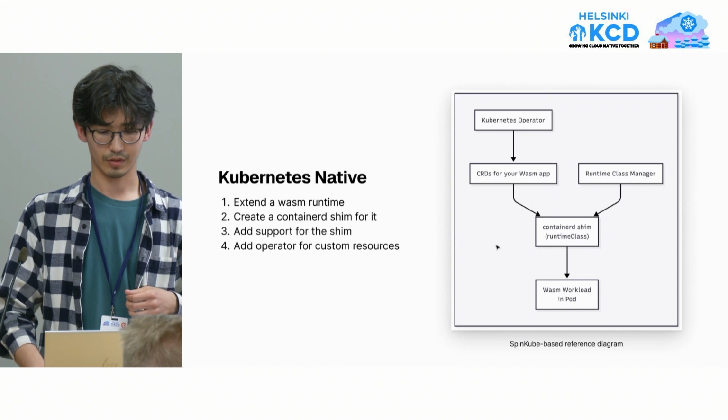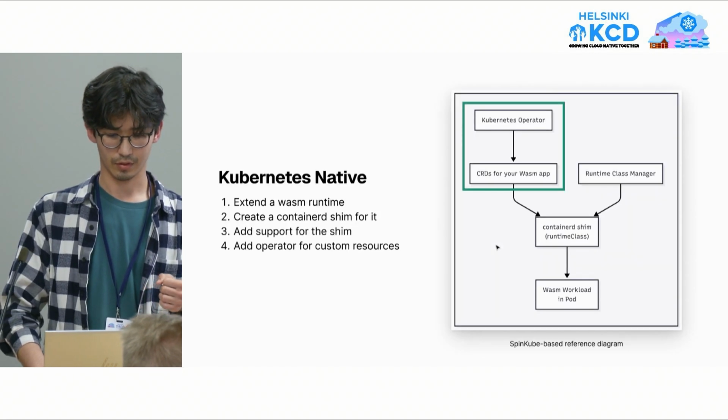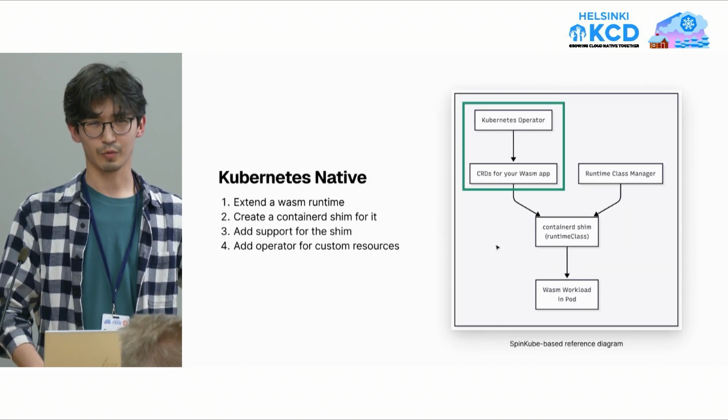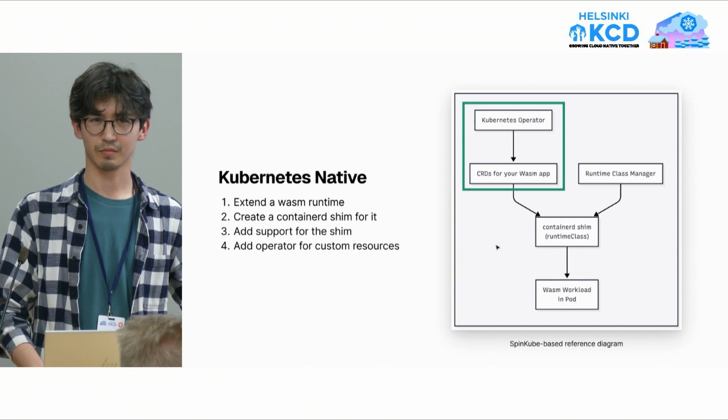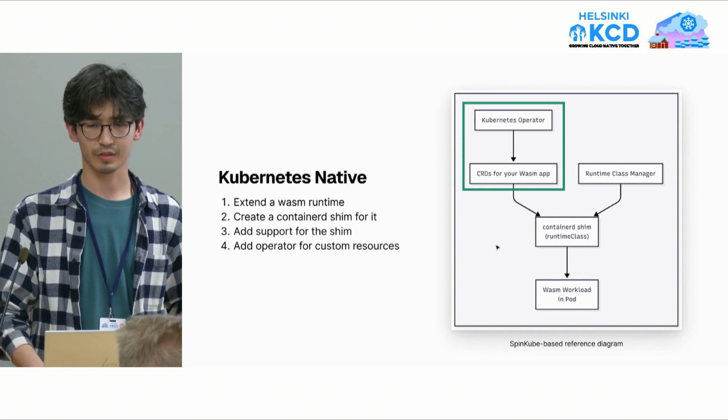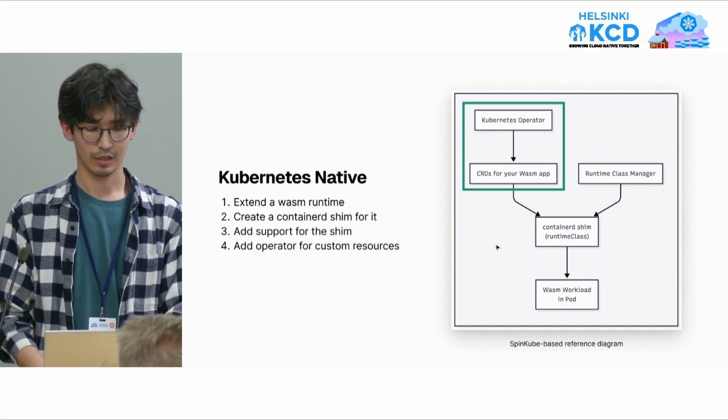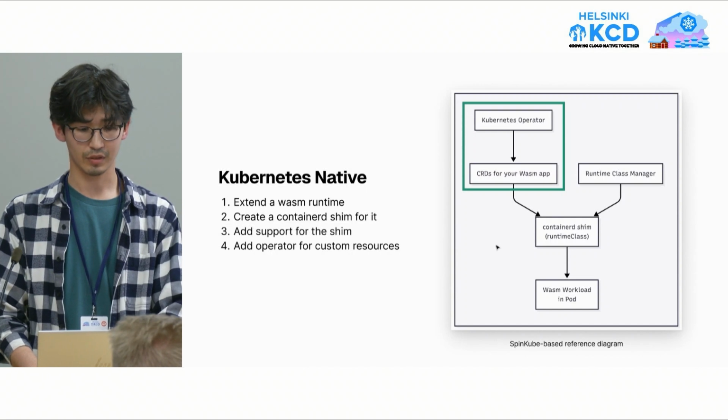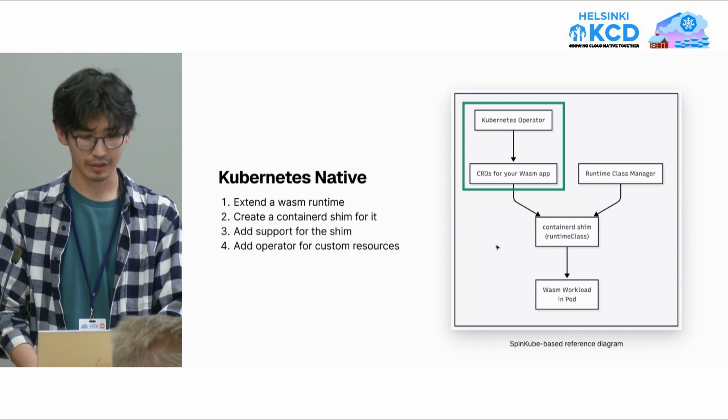But on the right, it would be custom for probably everyone. However, there is some opportunity to standardize it, or maybe even skip it and run your Wasm workloads basically as containers.